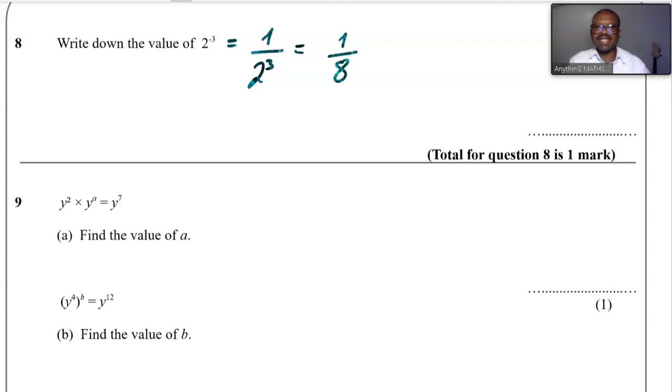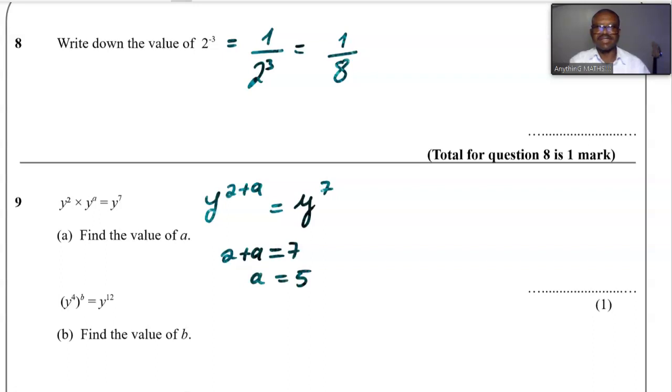We apply our indices, we're going to get y raised to the power 2 plus a should be equal to y raised to the power 7. So if these are supposed to be equal, what do you think the value of a will be? It means 2 plus a should be equal to 7, and therefore a should be equal to 5.